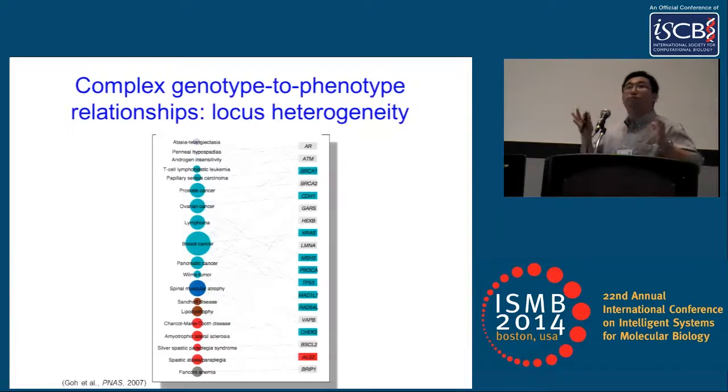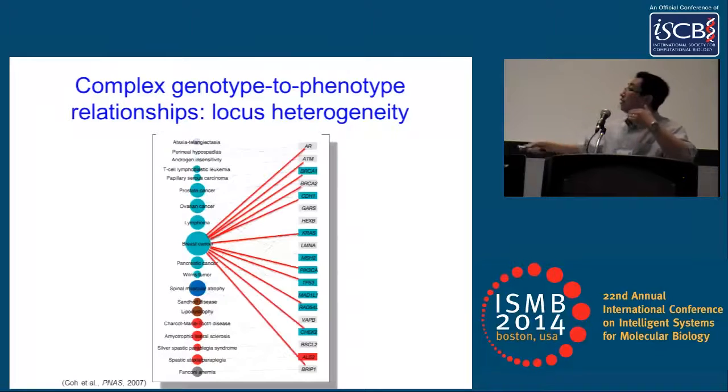One major roadblock in human genetics is really the complex genotype-to-phenotype relationships, right? And one such complexity is so-called locus heterogeneity. That is, mutations in many different genes can cause seemingly clinically identical disorders, right?